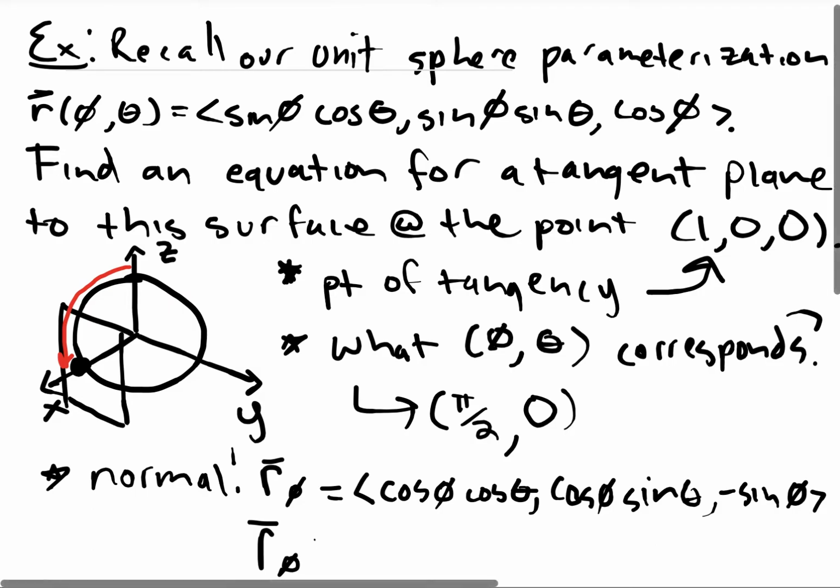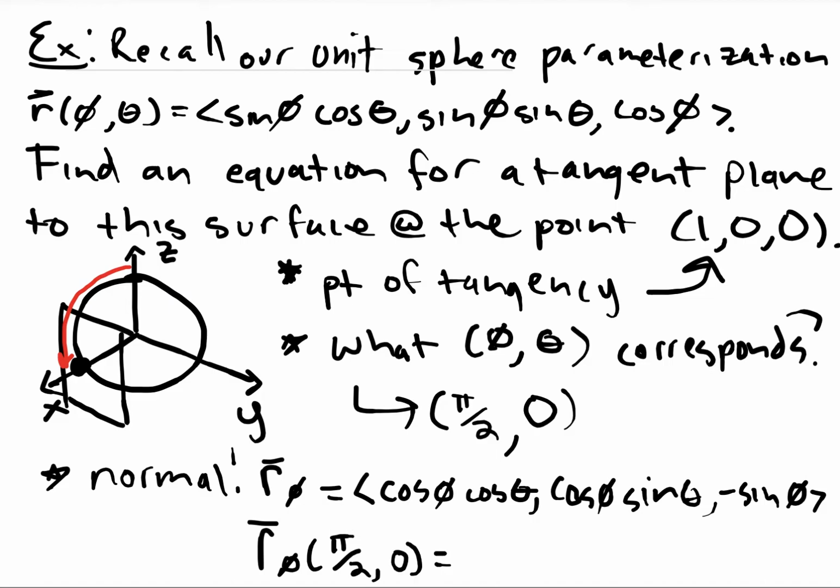So here, if I actually evaluate that to figure out what this vector is at this particular point, so not just my arbitrary tangent vector somewhere random on the sphere, but at 1, 0, 0 in particular, if I plug that in, it's not 1, 0, 0 we're plugging in, it's R of phi, theta. This is why we found that corresponding spot in the first place.